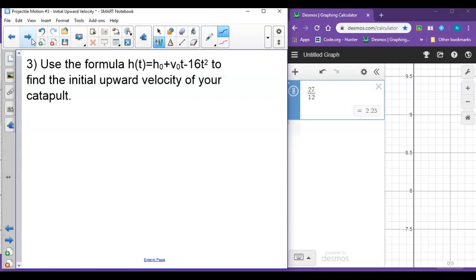So I'm going to use this formula to find the initial upward velocity of the catapult. My initial height was 2.25, so I've got h of t equals 2.25 plus, I do not know what v sub 0 is, so I can't plug it in right now.